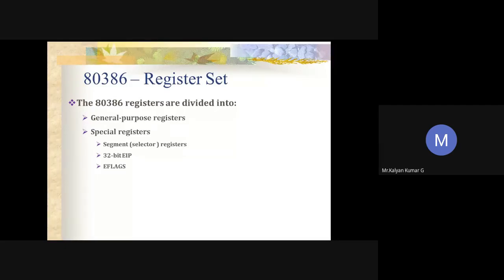See, am I audible or not? All the registers in 8086 are 16 bits, but here it is 32 bit. Which means we are extending, just extending the register size. So we call them extended registers.